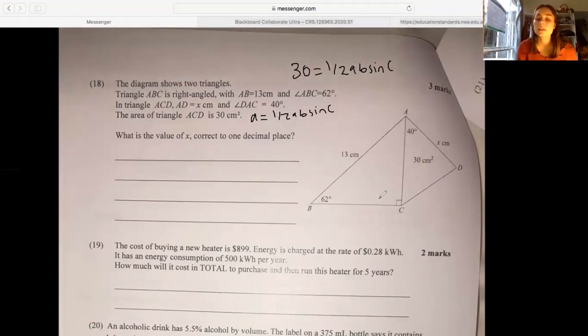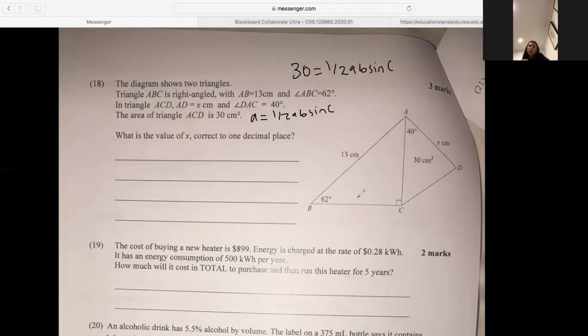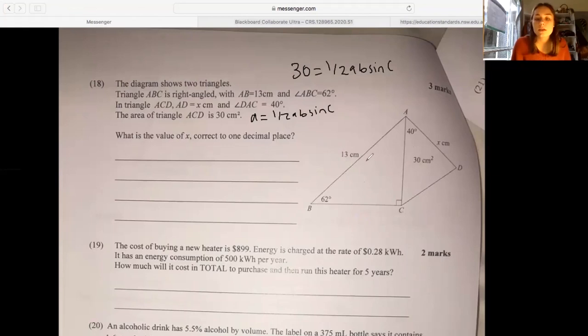We can't actually use any of our two cosine formulas just yet, and not the sine rule because we don't have two sides. Well, we can use the sine rule because you only need one side for the sine rule, because you can use this and then that.